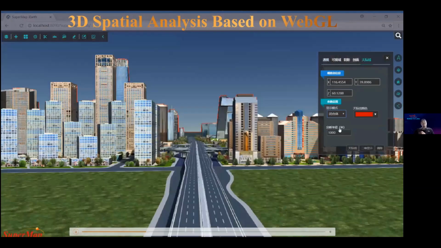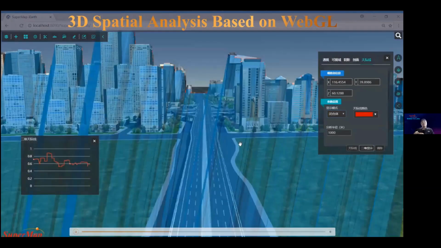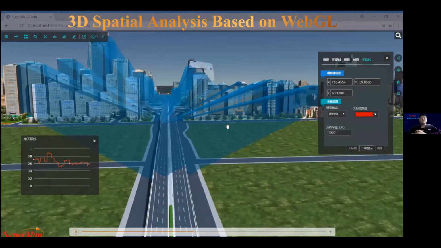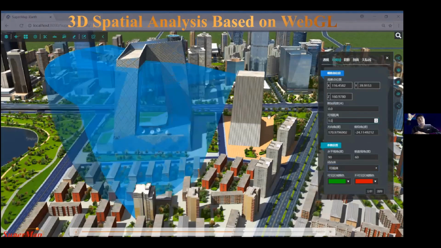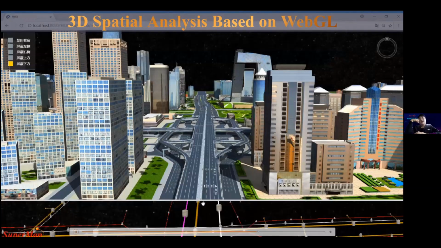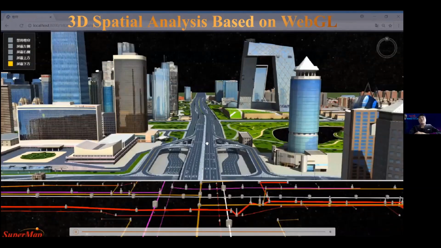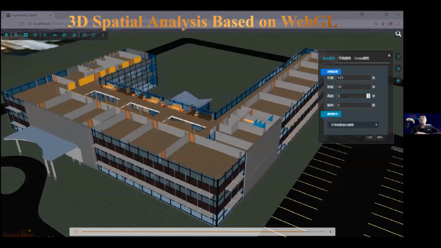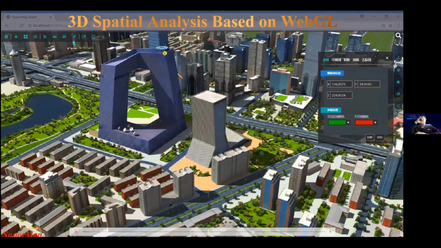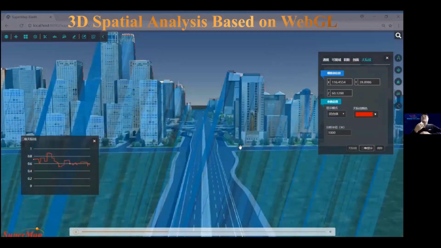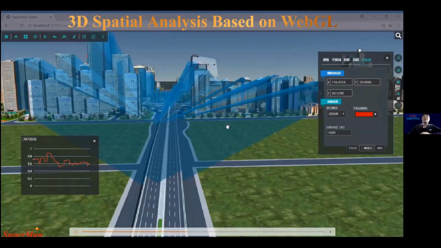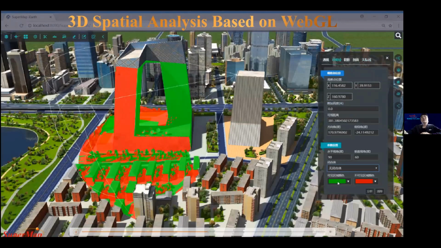And the 2D and 3D integration analysis, which is based on this kind of data, we can achieve 3D spatial analysis based on the GPU, such as the skyline analysis. We can extract the line between the sky and the model, and we can switch between the indoor and outdoor model, and also we can do the visibility analysis to analyze, from the viewpoint to the target point, whether I can see it or not.